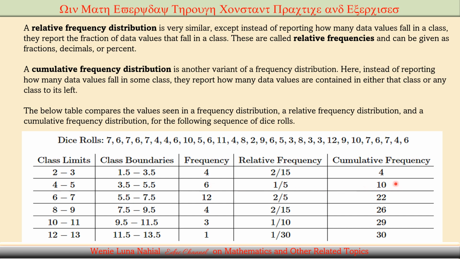And in the cumulative frequency, the third, we have 22. That is because under frequency, we have 4 plus 6, that is 10, plus 12, that is 22. So we keep on adding the frequencies in cumulative frequency.